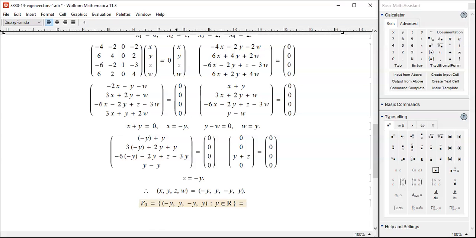Or equivalently, you can write it like this: y times, scalar multiplication out, 1, 1.